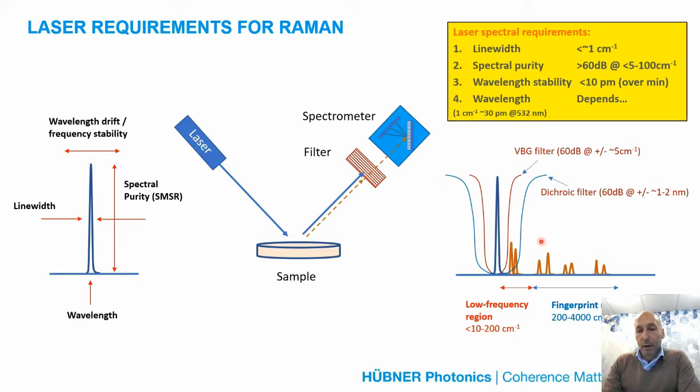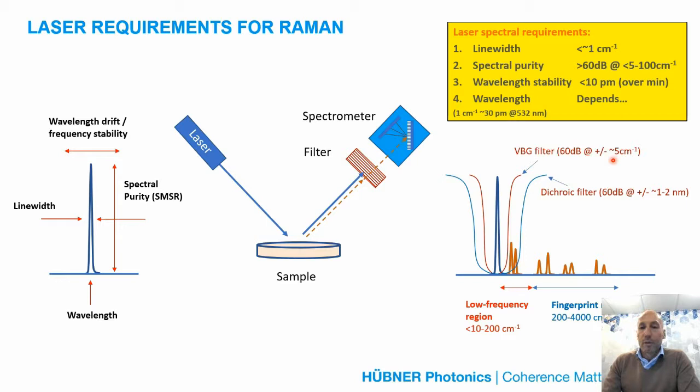in some cases it's of interest to study much lower Raman shifts, much closer to the main peak. In order to study these shifts in the so-called low-frequency region, you have to block the Rayleigh scattered light with a more narrow notch filter, which can be done by using, for instance, a volume Bragg grating filter, which can offer 60 dB blocking at as narrow as plus minus 5 wave numbers.